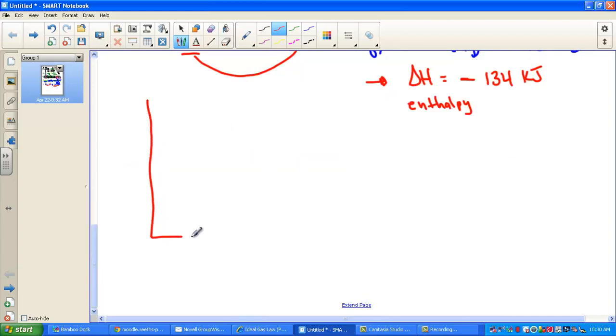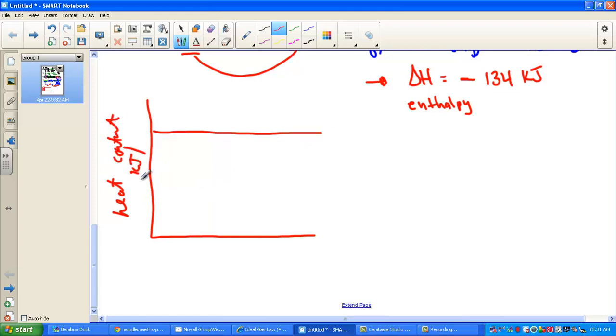The enthalpy diagram simply is a nice XY axis that separates heat content. So I just label my Y axis as the heat content, in kJ. Oh, you can be much neater. Exothermic reactions show the reactants at a higher energy state than the products.